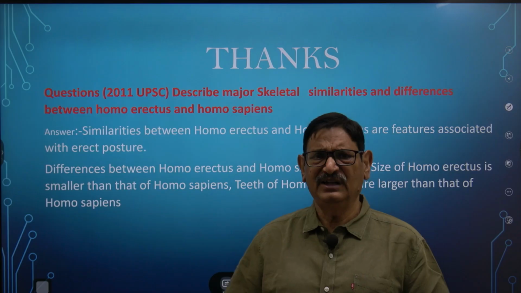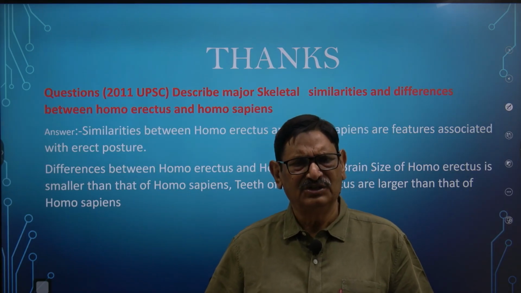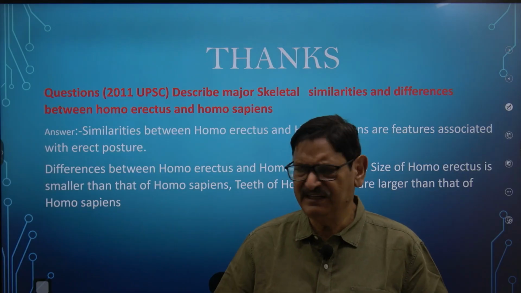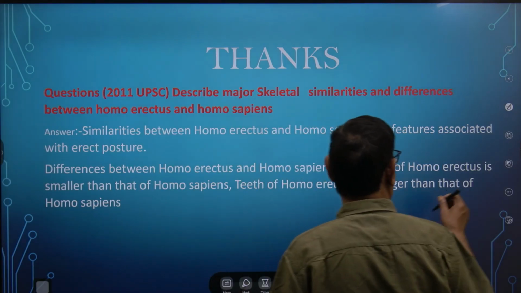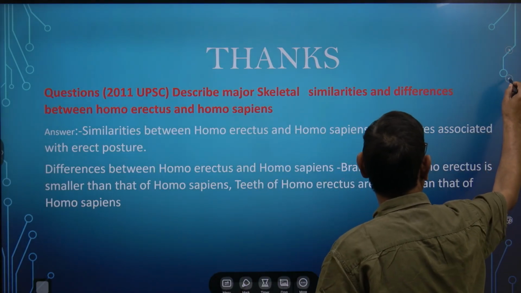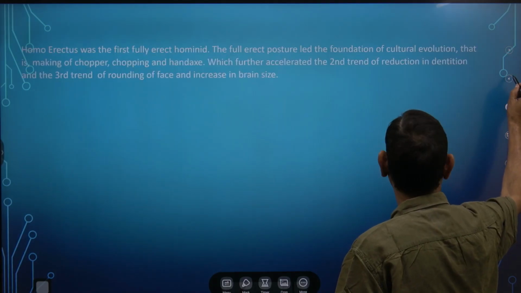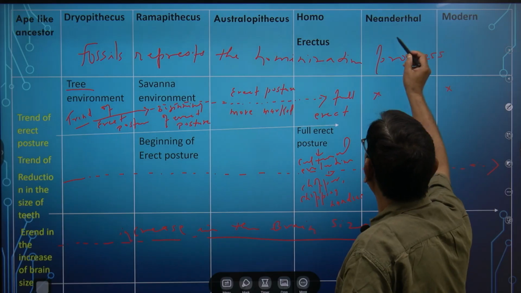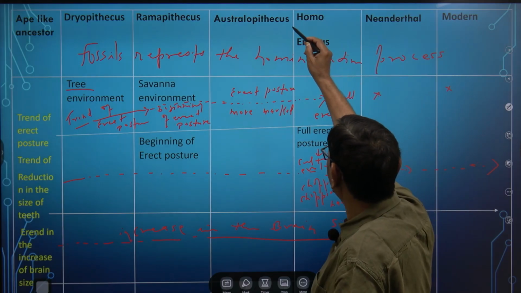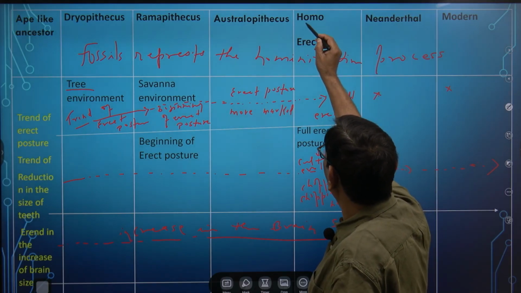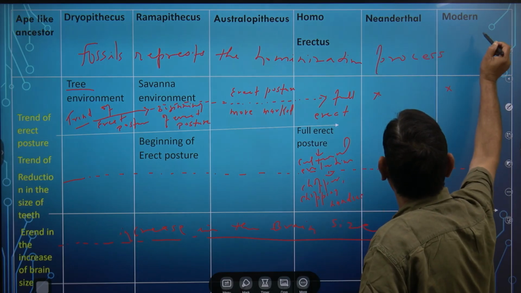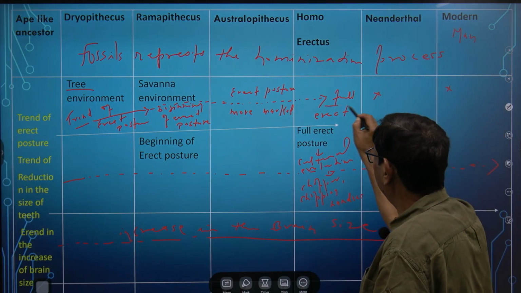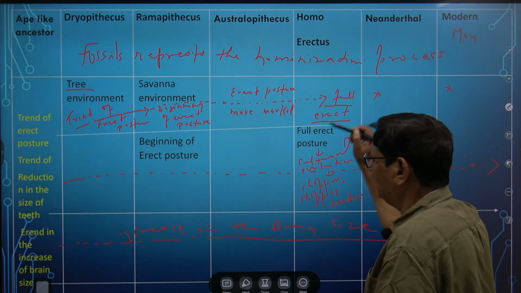So Homo erectus, Neanderthal and modern man share the same feature of erect posture.